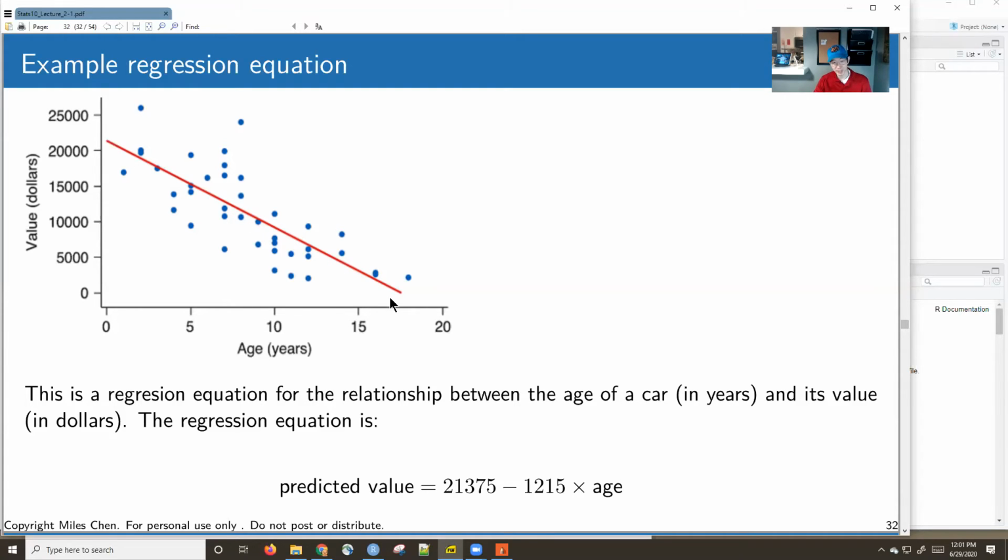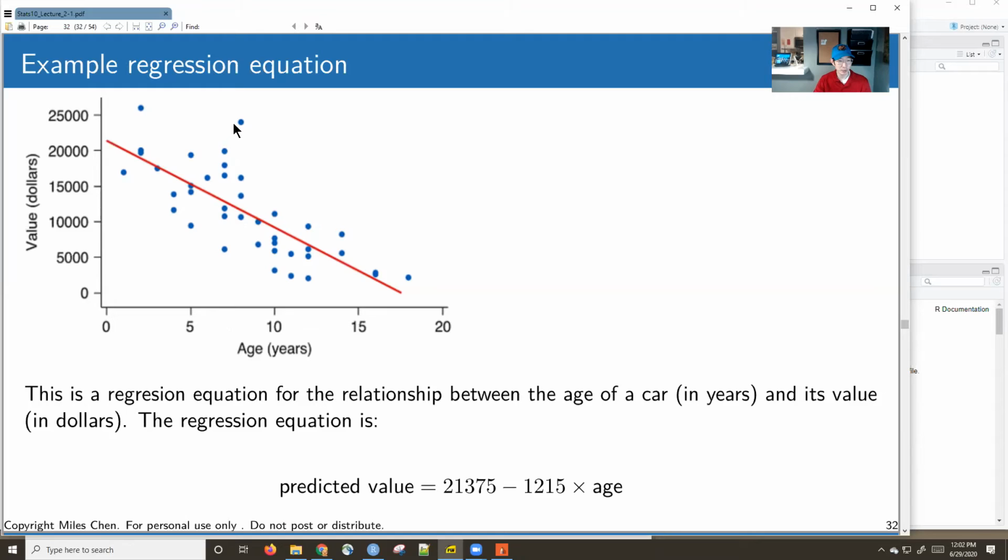Now, obviously, it doesn't predict everyone perfectly. The line predicts for a 7-year-old car, the value should be, I'm just eyeballing this, it looks like it should be valued at $13,000 or something like that. 8 years old, it should be valued around $12,000-ish.